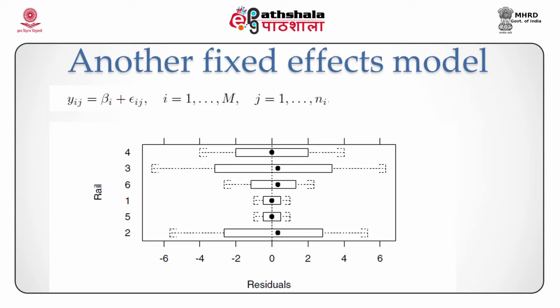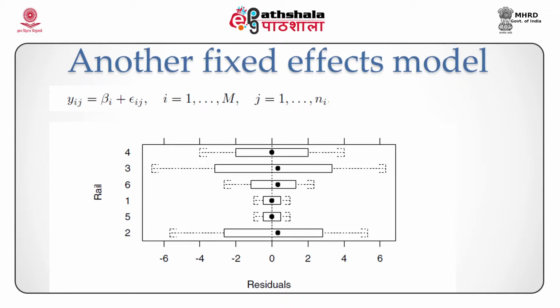In fact, if you find the confidence intervals for the parameters beta i, you will see that they are rather large, and this stems from the fact that we have introduced additional regression parameters, one for each rail. So the excessive number of parameters means that our inference will tend to be somewhat imprecise, and this is reflected in wide confidence intervals for the beta i. If you wish to analyze this data set, you can look at the NLME library.